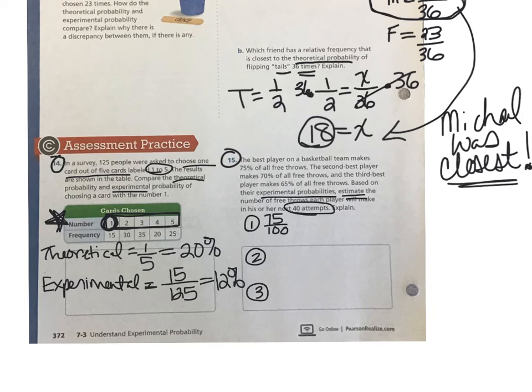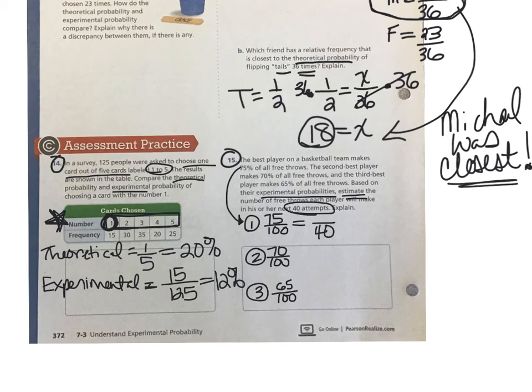So player number 1, 75% means 75 out of 100. Player number 2 would be 70 out of 100, and player number 3 would be 65 out of 100. Now we could easily simplify these ratios in order to set up a proportion for the next 40 attempts, or we can just use the ratios that we have.